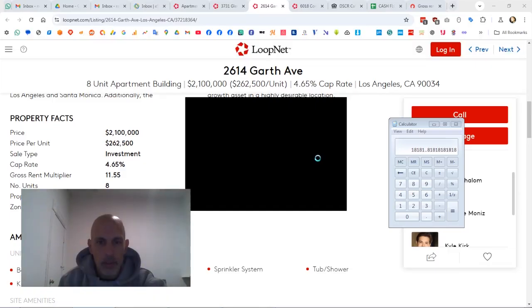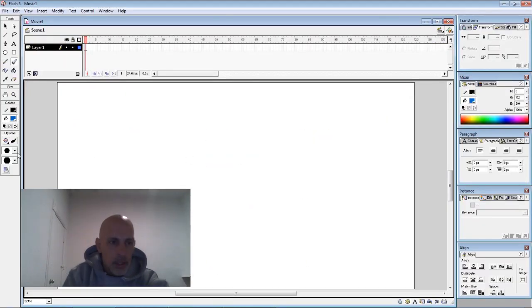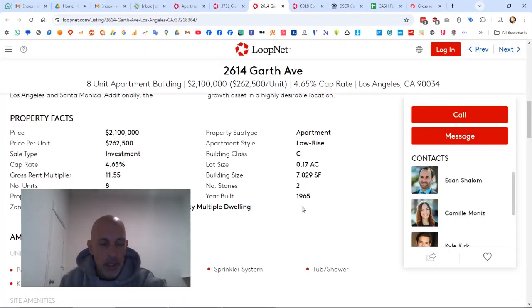Going to do some quick math over here, rearranging these numbers. So price divided by gross rents is equal to GRM. P is equal to GRM times G. So P divided by GRM is equal to G. So that's saying it is 18,000.